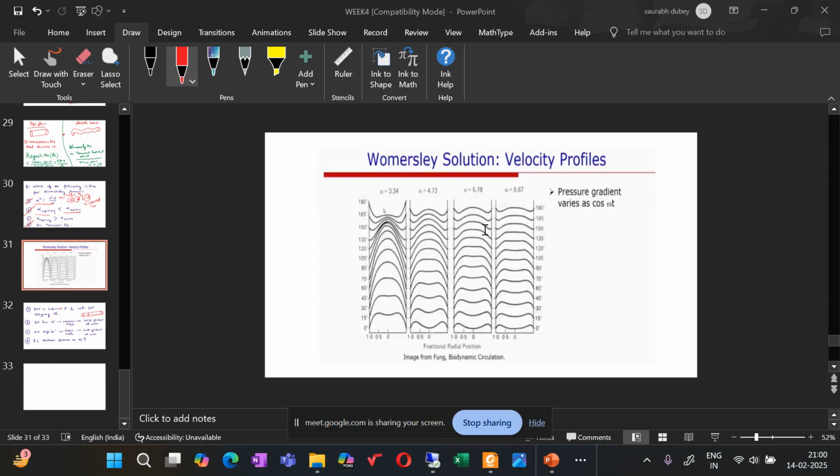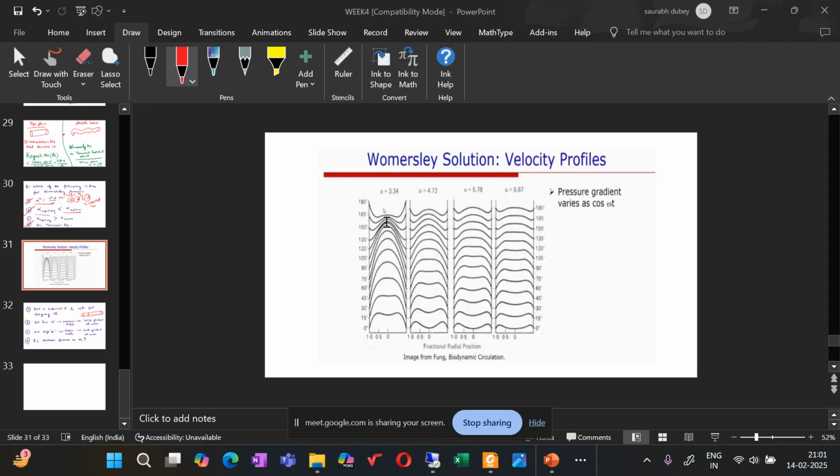Okay, so in this one, if you are increasing the value of the Womersley number from 3.34 to 6, and you are plotting the pressure gradient versus cos omega t, and these are the velocity profiles, right? You are able to see that as this alpha is increasing, the center velocity is becoming flatter, and for the lower alpha it is more parabolic.